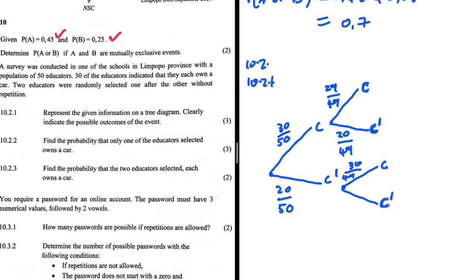The first teacher selected does not have a car, so of that 20, we are left with 19 that don't have cars. So that is 19 over 49 because there is no replacement. We are selecting one after the other without taking the teacher that we've selected first back into the selection pool. So this is our data represented in the form of a tree diagram.